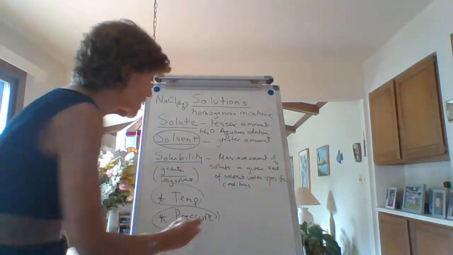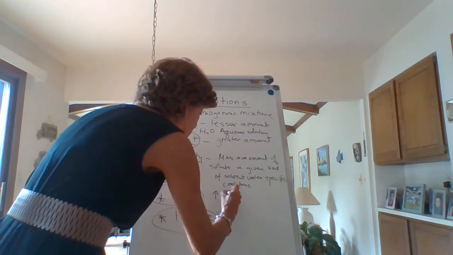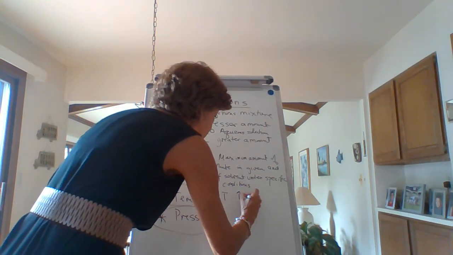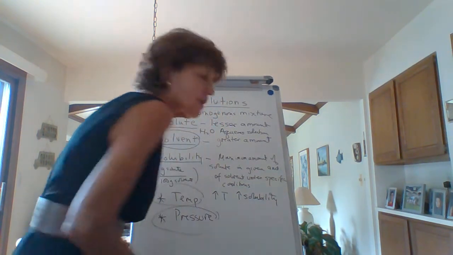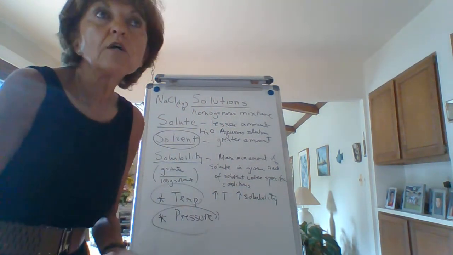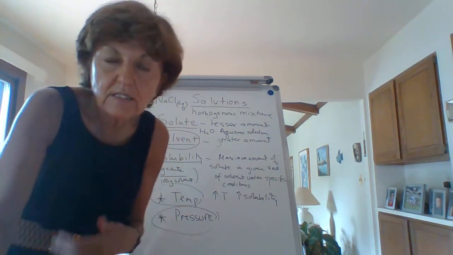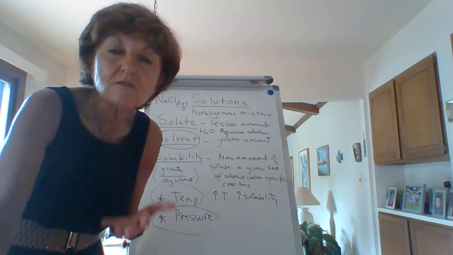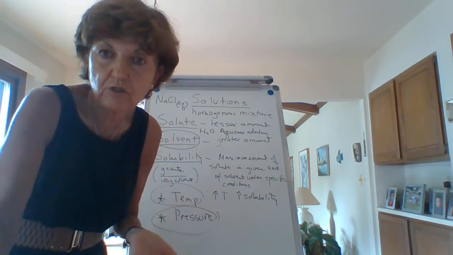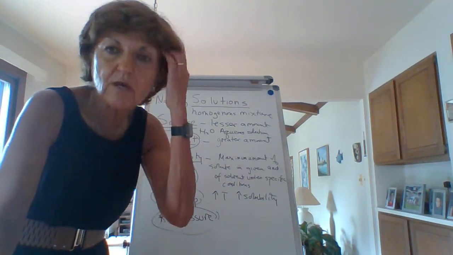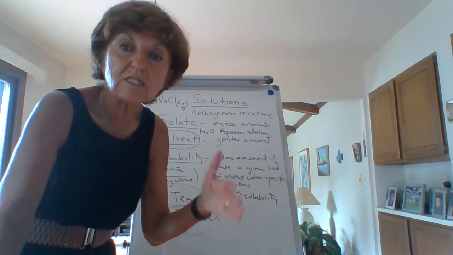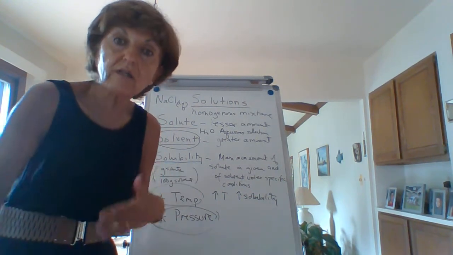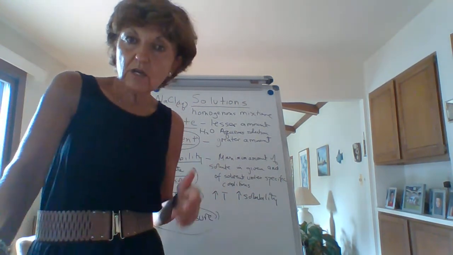Well, as the temperature increases, the solubility increases for some things, not for everything. So usually a solid in a liquid tends to increase with temperature. That was the example I gave you guys with the sugar, same thing with salt. So if you increase the temperature, the solubility of a solid in a liquid tends to increase.